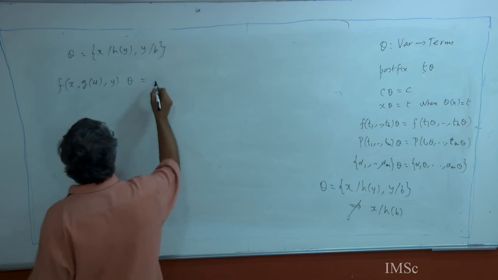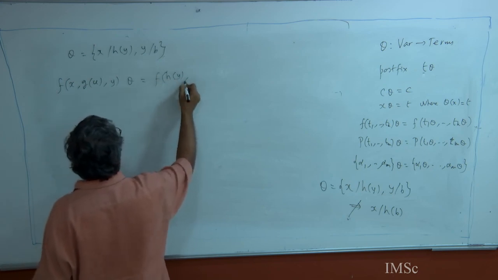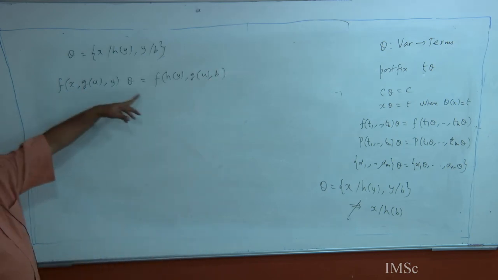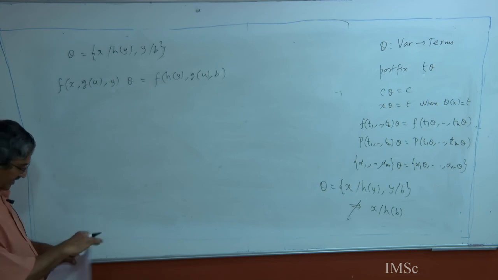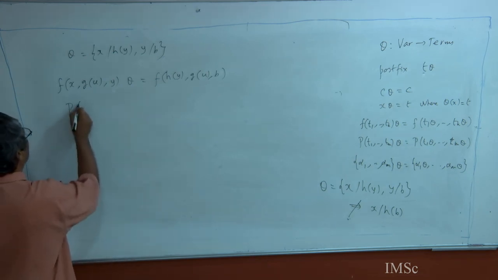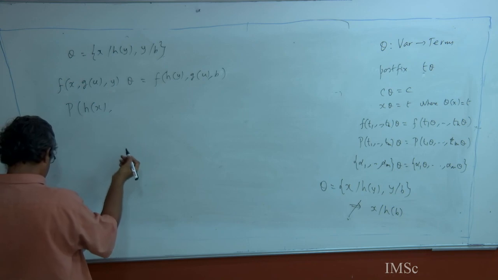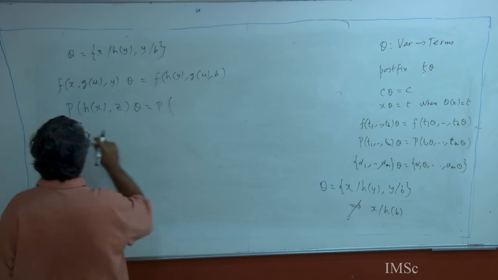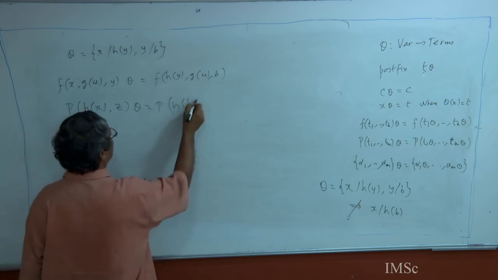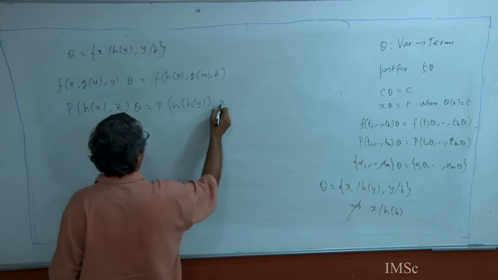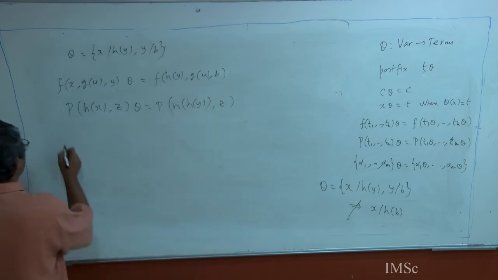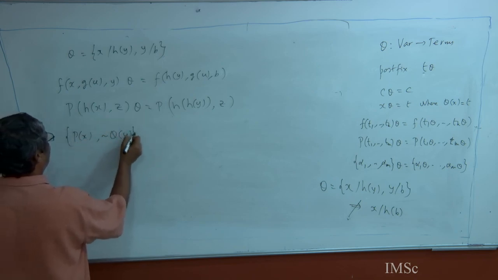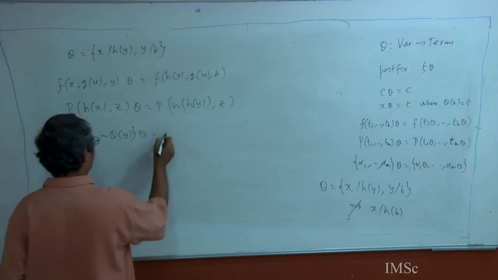What is this? F of h(y), g of b. So this x is being replaced here, and this y is being replaced by b. This is to point out that predicate symbols also I can apply, I will get the same thing, and this h will generate h of h(y), z, for a clause p(x) or not q(y) theta, replace everywhere.